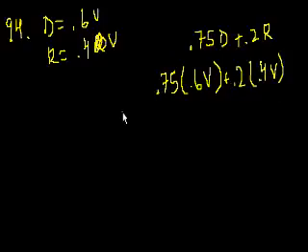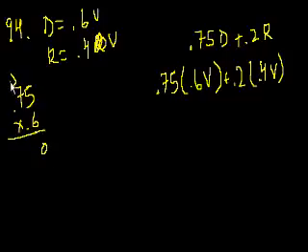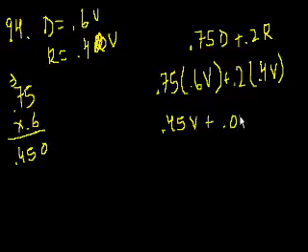And so let's see, what's 75 times 6? Let me just do the whole decimals. 0.75 times 0.6. 6 times 5 is 30. 6 times 7 is 42, plus 3 is 45, and we have 3 numbers behind the decimal point, so it's 0.45 of the voters, plus 2 times 4 is 8, and we have 2 numbers behind the decimal, so it's plus 0.08 times the voters. 0.45 plus 0.08, that's 0.53, right?